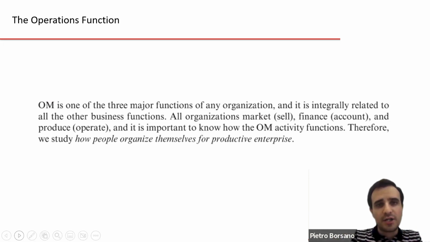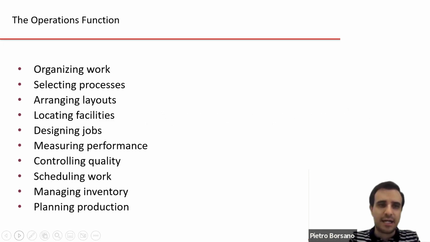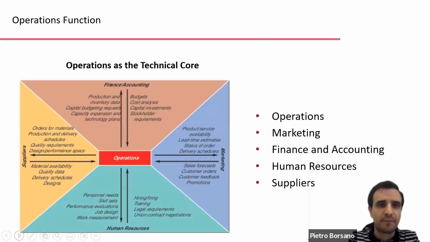So operations, to an extent, are the backbone that enables an organization to function properly. Here you can see a list of operational functions that is not exhaustive, but this is a way to have a better grasp of all the functions that operation would fulfill.